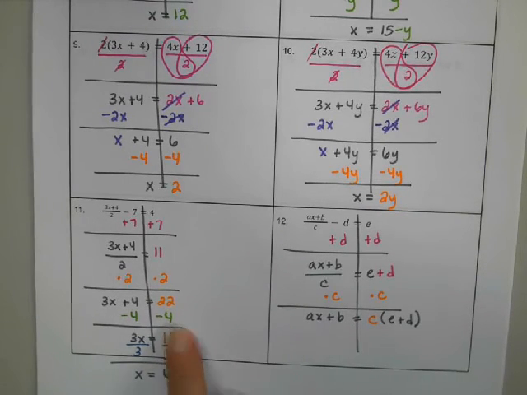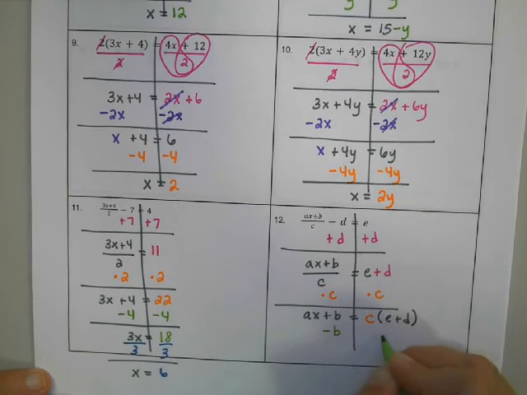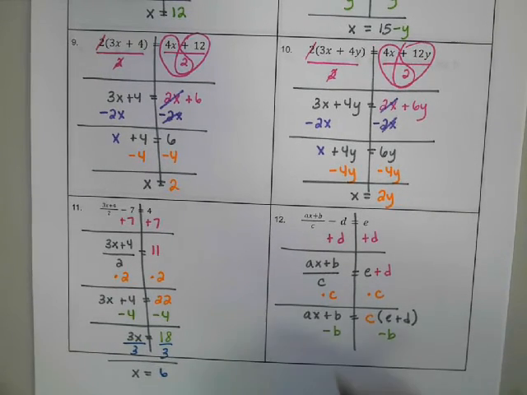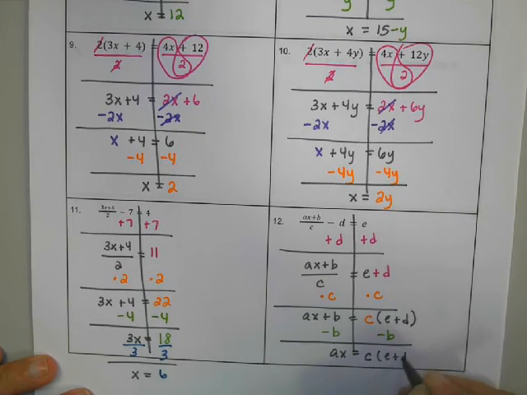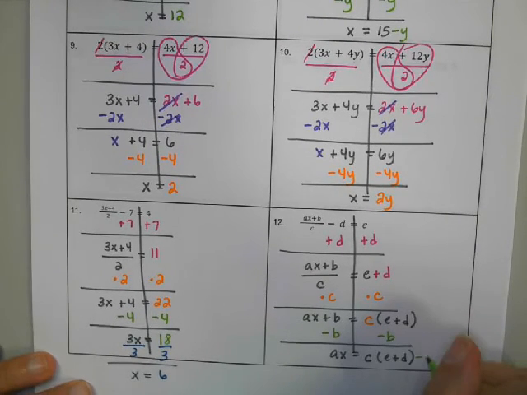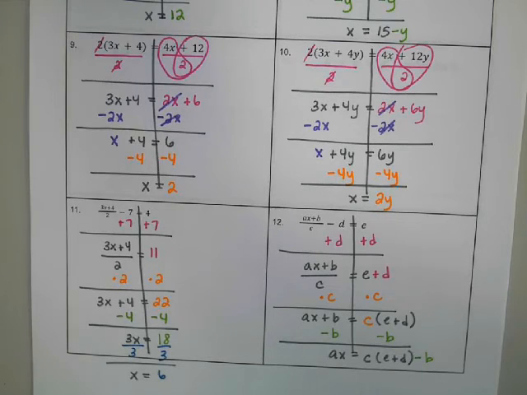The next step here was to subtract 4. So the next step here is going to be to subtract b. So I get ax equals c parentheses e plus d, minus b. And by the way, I'm putting the minus b here because I don't know any of these numbers.